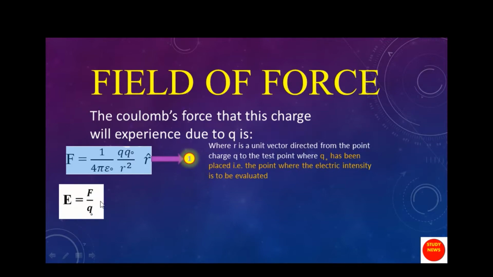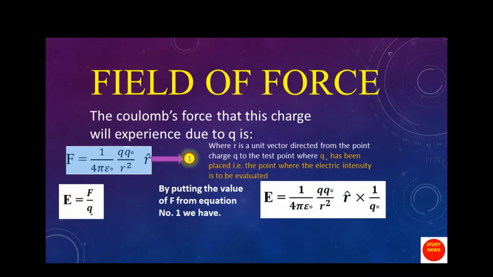So we have a formula from the previous page: E is equal to F over Q naught. By putting the value of F into this equation, we have E is equal to 1 over 4 pi epsilon naught, Q Q naught by r square, r unit vector, times 1 over Q naught.